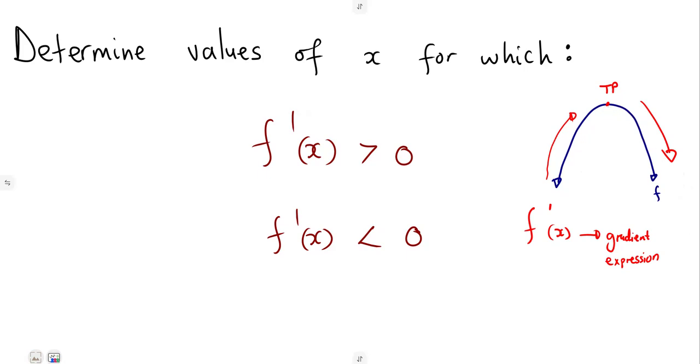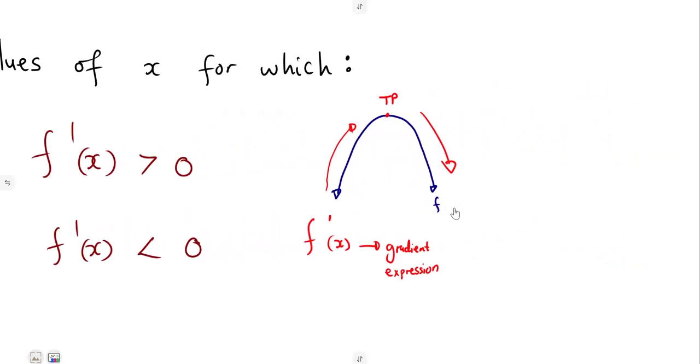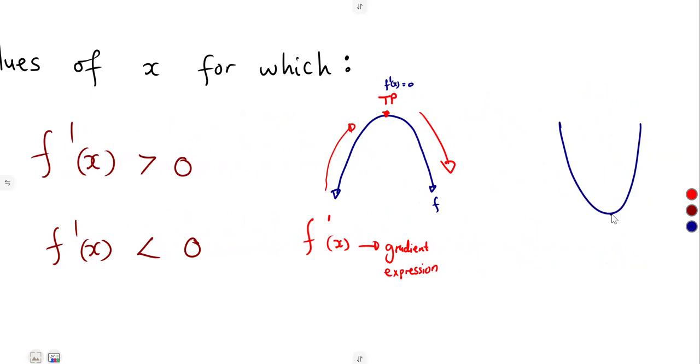Where there is a turning point, like for a quadratic, at the turning point the first derivative is equal to 0. Whether it is a minimum turning point that you have, as long as you're at the turning point, the first derivative there will be equal to 0.